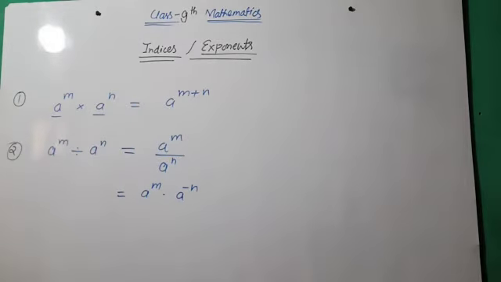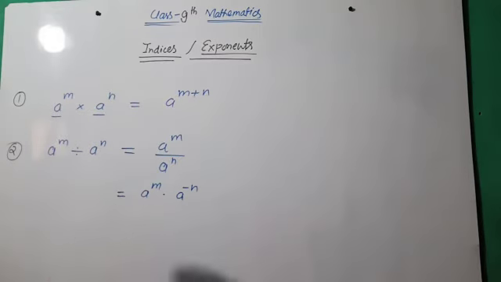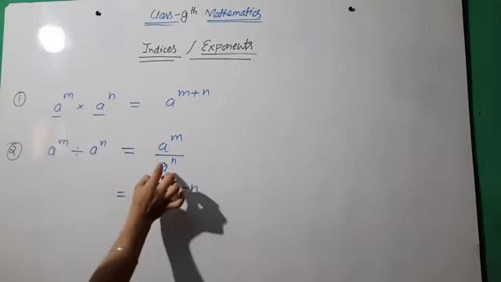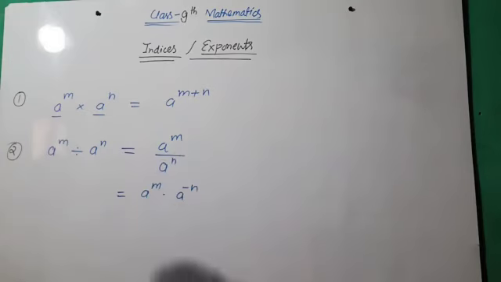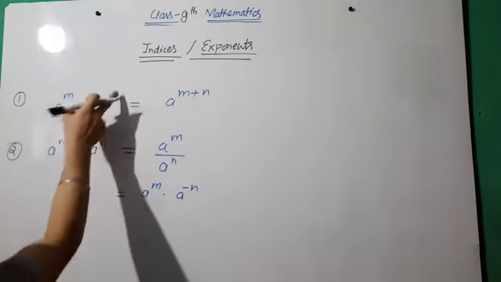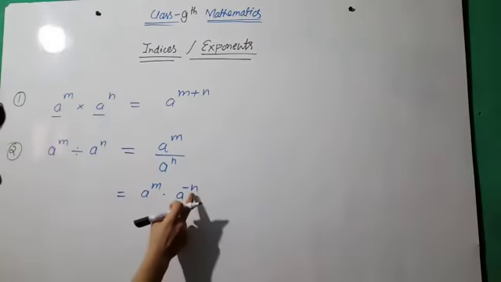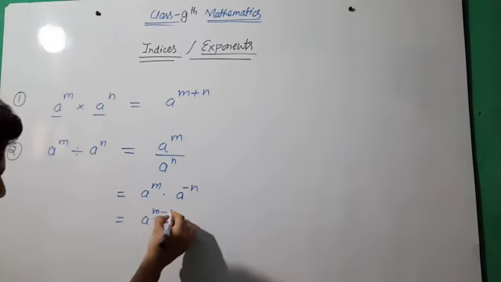This is actually from 7th class terms. You are already familiar with this type of terms. When we move the power from the denominator to the numerator, we have to add the negative sign, so now we have the simplest form, but n is replaced with minus n, so we write m minus n.